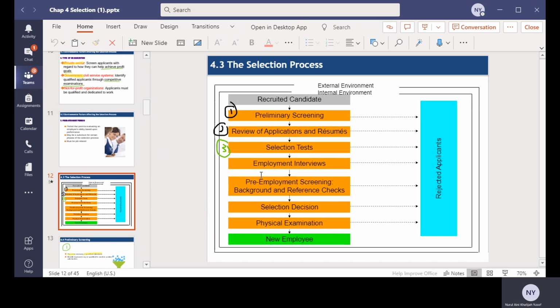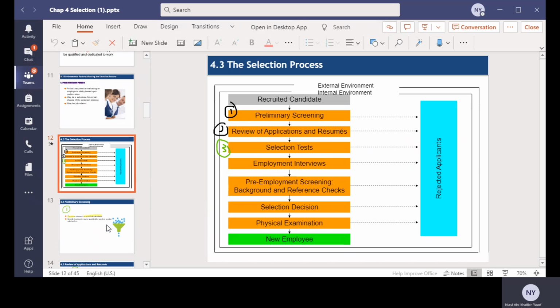Okay, the selection process. So the selection process starts from preliminary screening. So it's just like a touch and go process where you just screen the resume, but it's a very general screening. Okay, and then you review the application, the resume of the candidates, and then you call them to sit for the test, interview, until you select, you choose the best employee to hold the position.